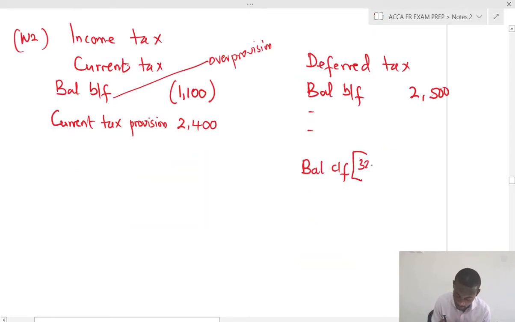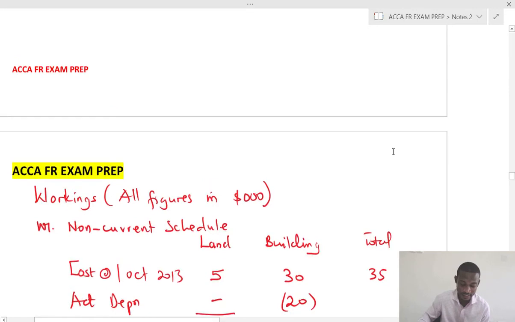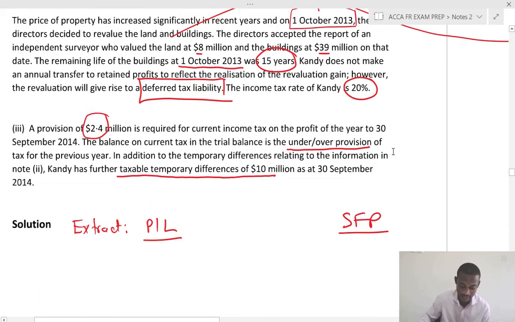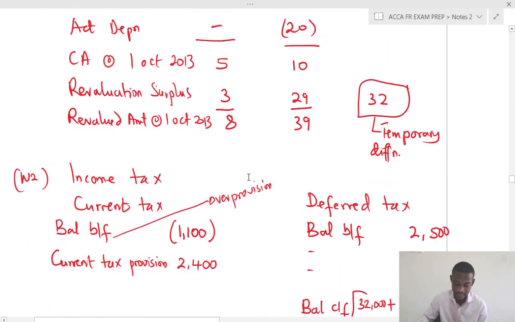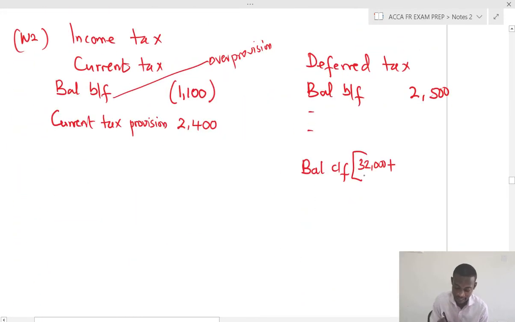So I can now have the closing balance. So the closing balance, that will be 42,000. We got 32 plus 10 times 0.2. So 42,000 times 0.2. That gives us 8,400.